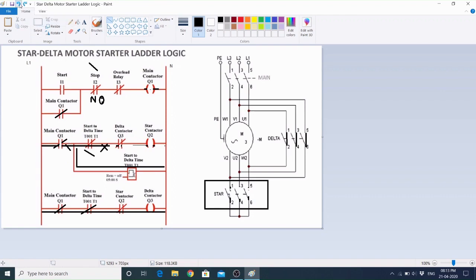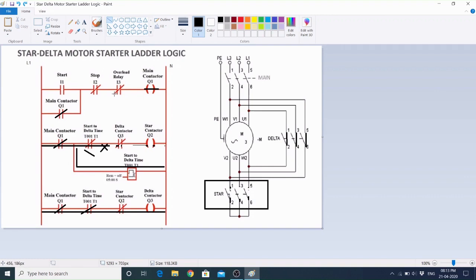There is another condition. If we do not press the stop push button, okay, in that case if the motor is under overload condition, then what will happen? This overload relay will trigger.